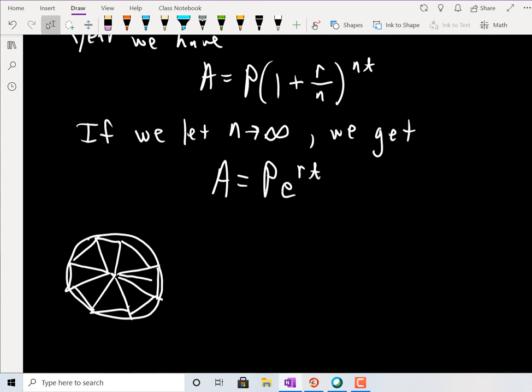Then you start throwing in more and more triangles, and that's kind of like letting n go to infinity, letting the number of compounding periods go to infinity. And what's going to happen in the end, if you let the number of triangles go to infinity, is you're going to get the exact area. And that area, of course, will have that number pi in it.